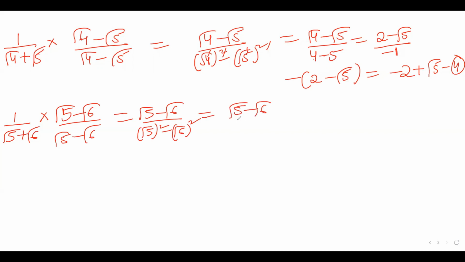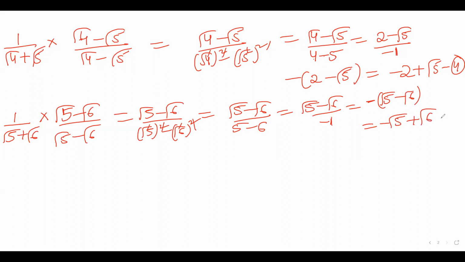The square and root will get cancelled. You will get root 5 minus root 6 by minus 1. Take minus to the numerator. Open the brackets: minus root 5 plus root 6. This is your fifth term.